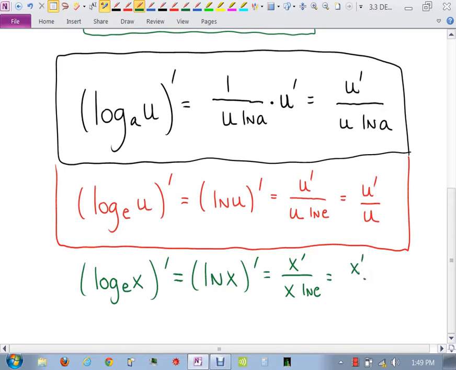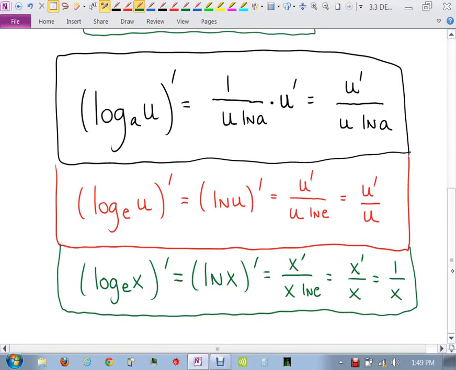And what's x prime? 1. So 1 over x, which was the answer to the quiz problem. But again, that's a formula on your formula sheet. In my opinion, every Cal 1 student should know that the derivative of the natural log of x is 1 over x. But it's more valuable to know the one in black, because then you can take the derivative of any log. With me?